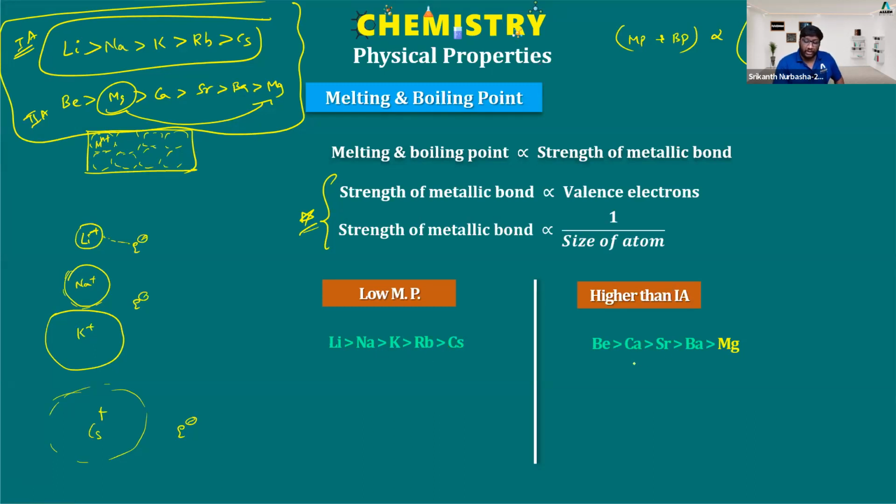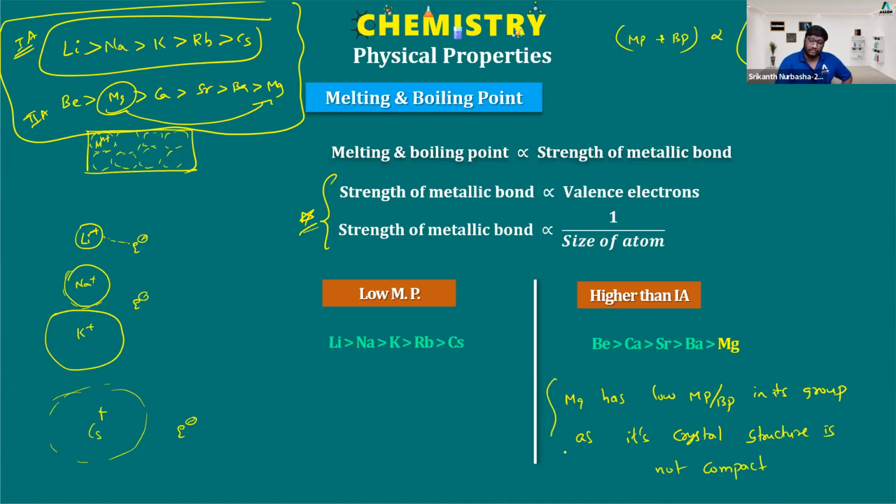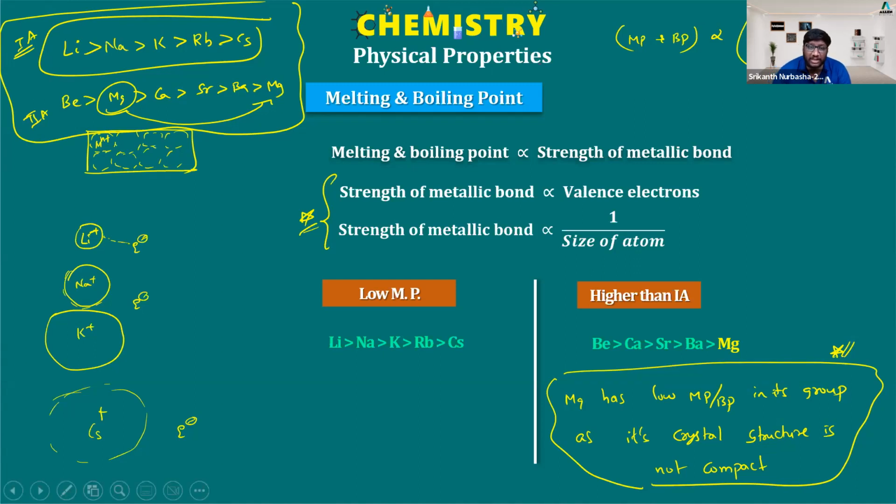In the 2A, what do you have? Beryllium. After beryllium, you are not having magnesium. Magnesium is least. Magnesium has a low melting point or boiling point in its group because its crystal structure is not compact.